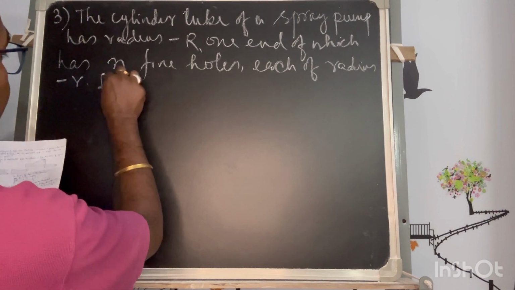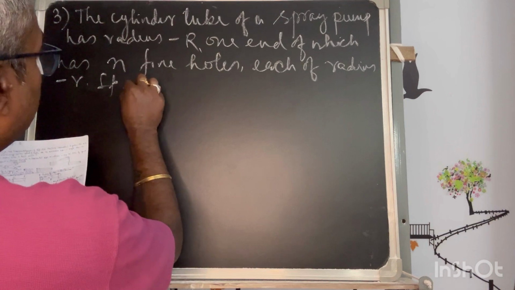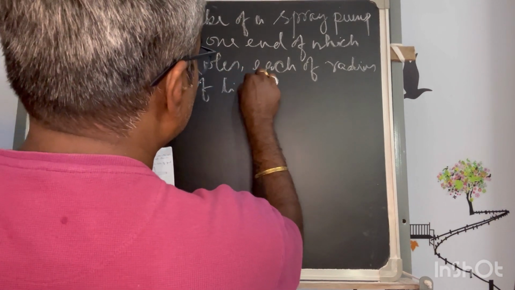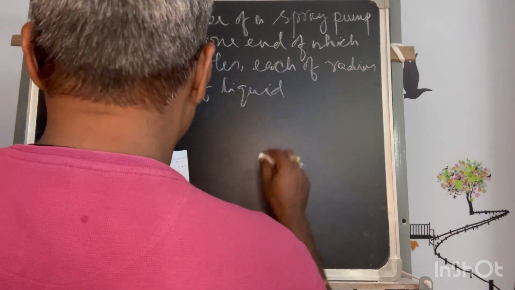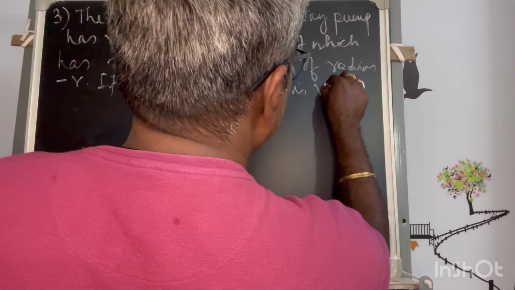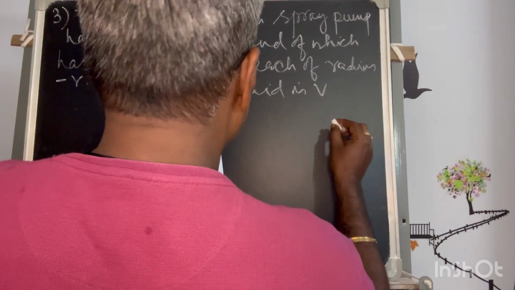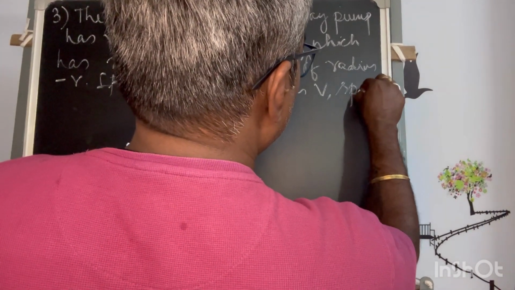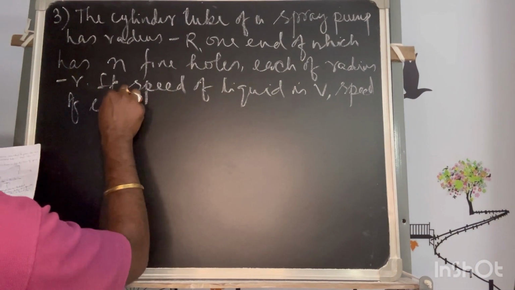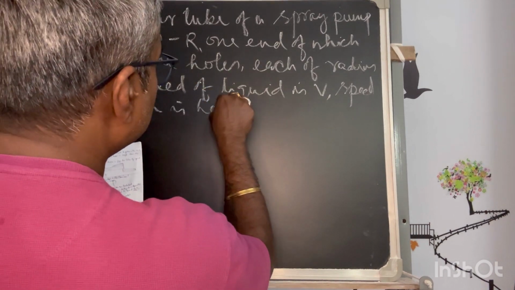If the speed of liquid is v, and the speed of ejection is how much?